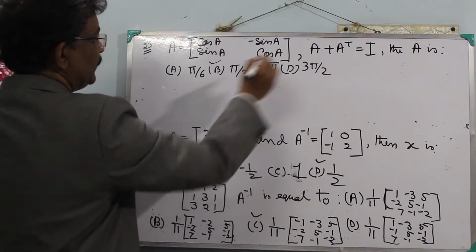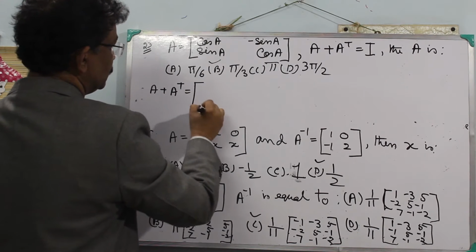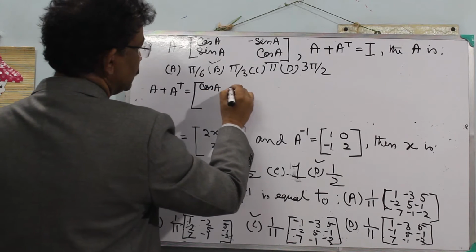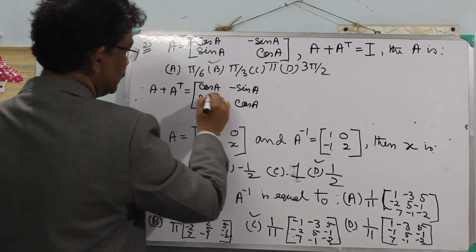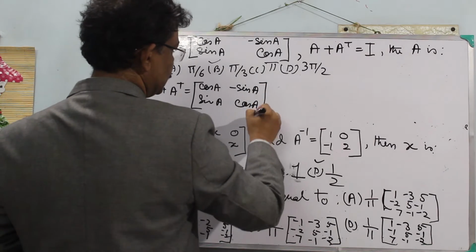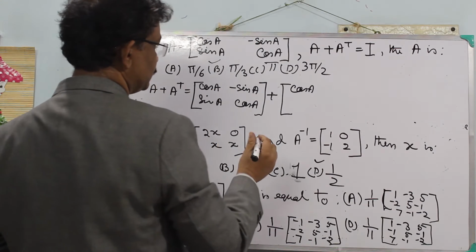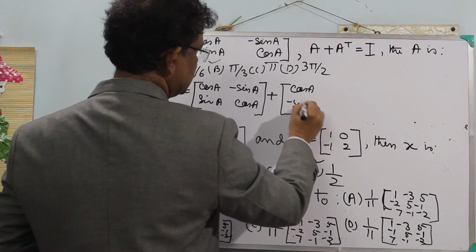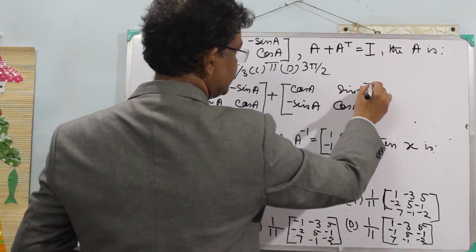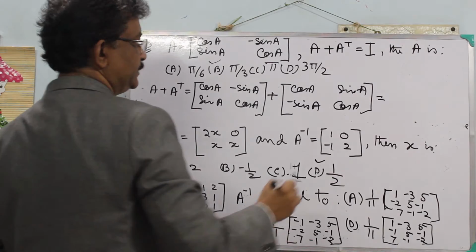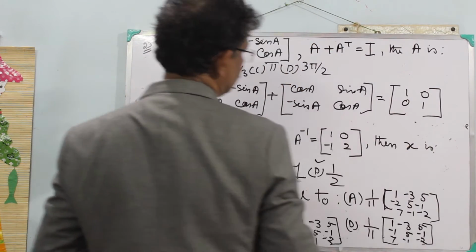So see A plus A transpose: A is cos a, minus sin a, sin a, cos a, plus transpose, interchanging row and column, cos a, sin a, minus sin a, cos a. This equals the identity matrix, that is 1 0 0 1 of order 2.